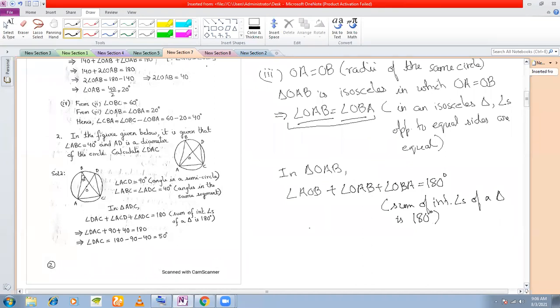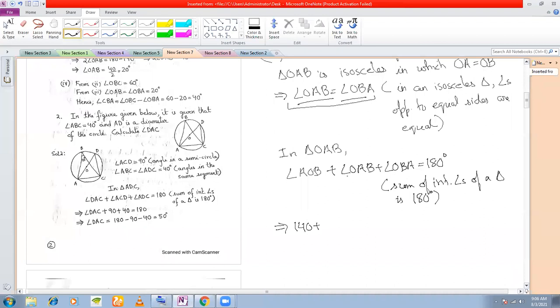Right? Now put the values. AOB is given to be 140. And you know OAB and OBA are equal. So you can write OAB here, and you can replace OBA also by OAB, equal to 180, since angle OAB is equal to angle OBA.